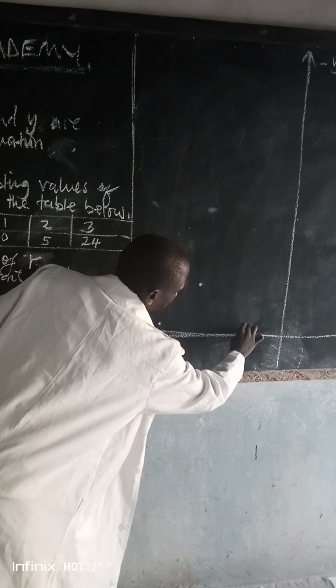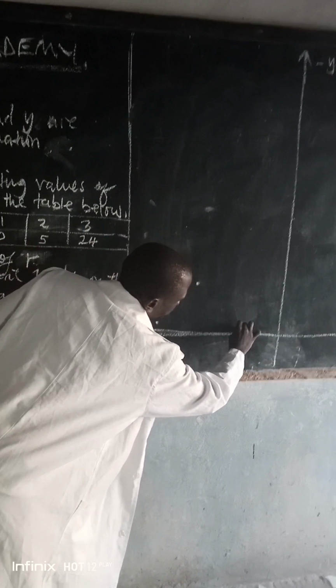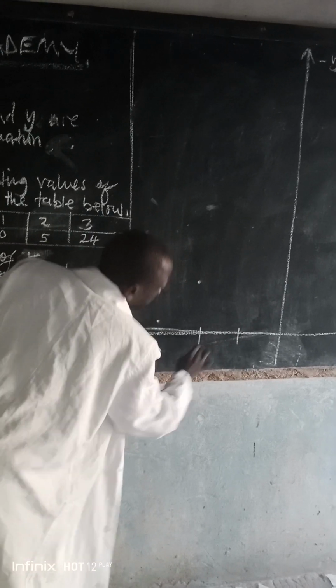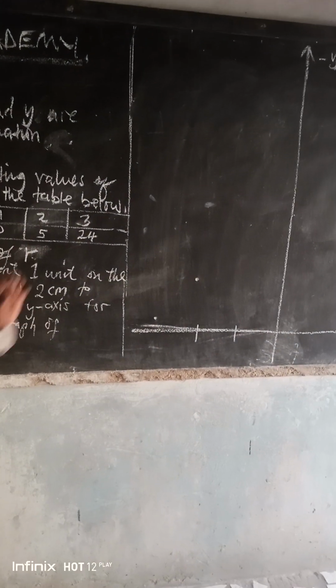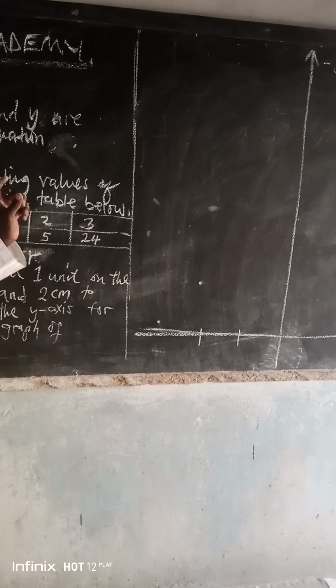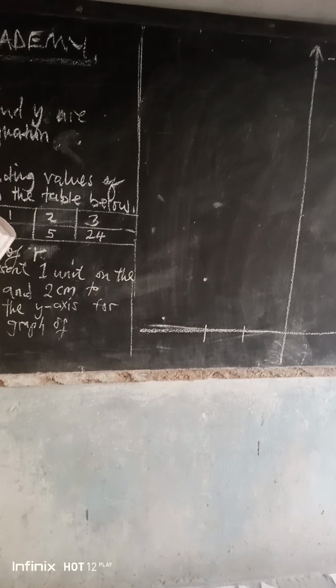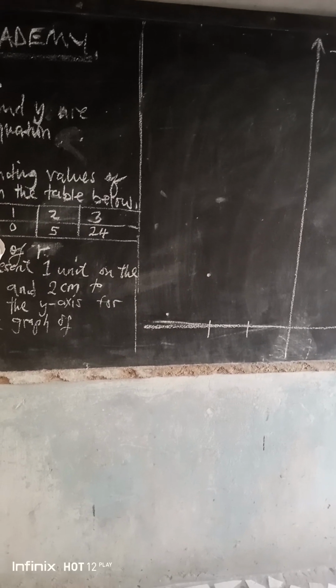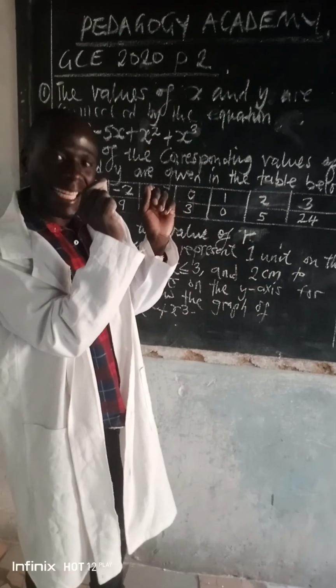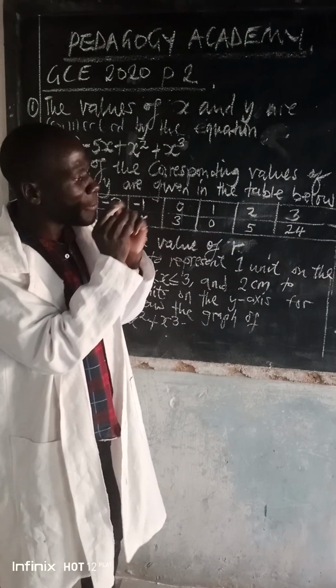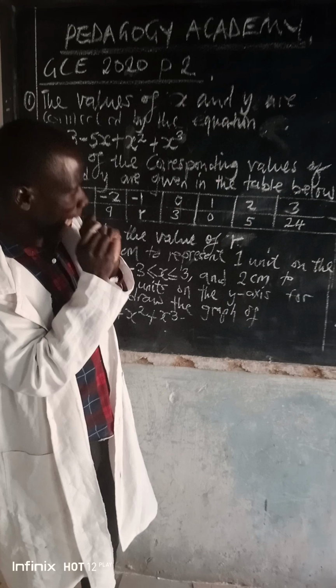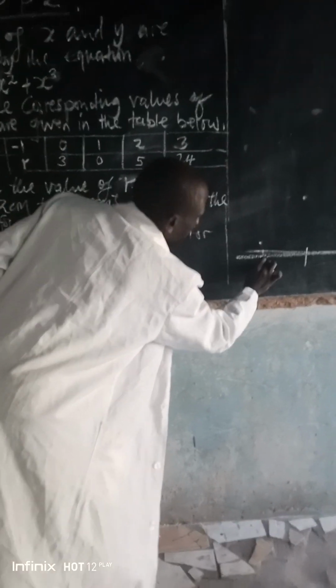So 2 centimeters on the graph paper is that box that has those small boxes. You count them, they are 10. That makes it 2 centimeters. Okay.